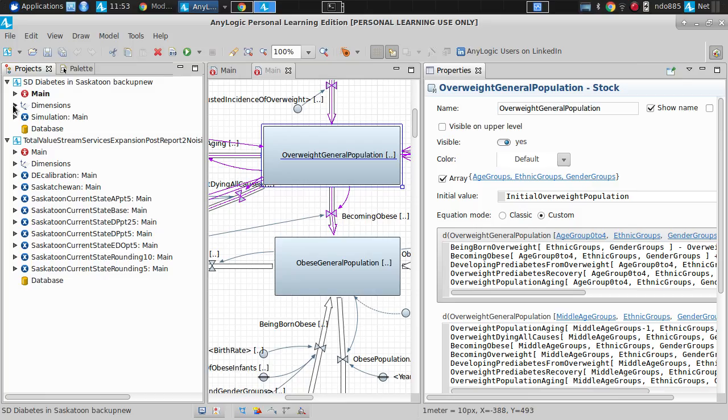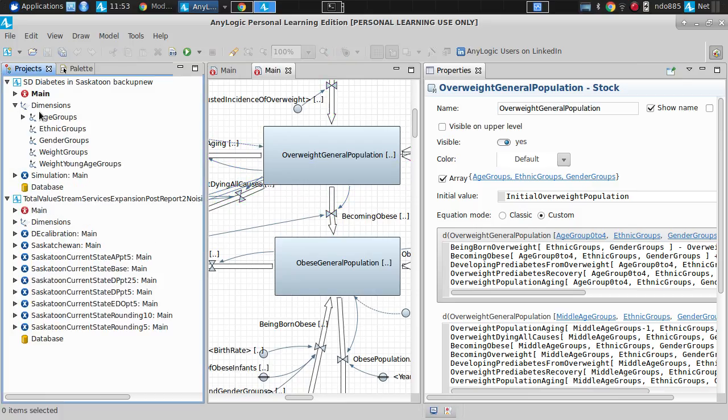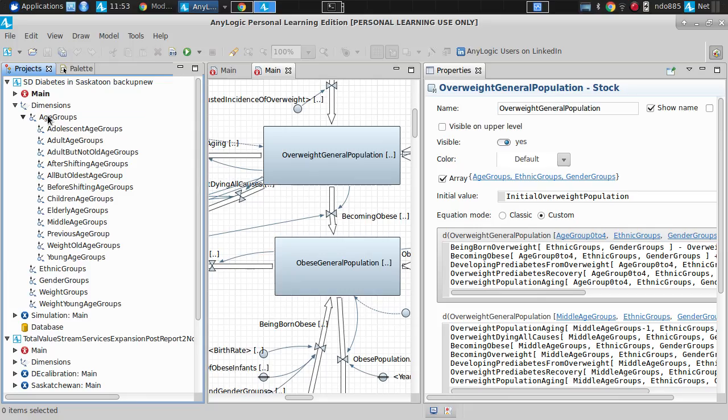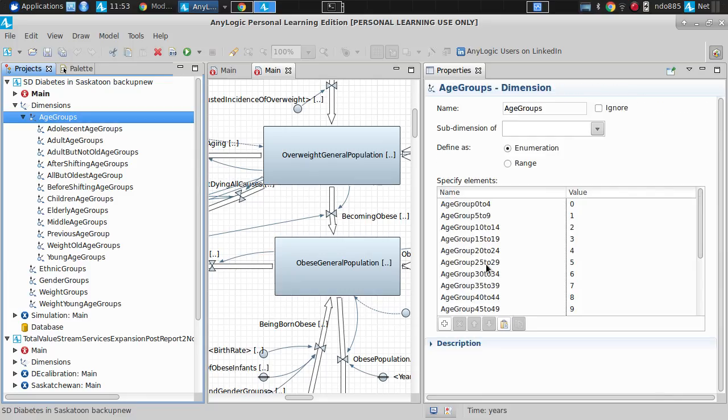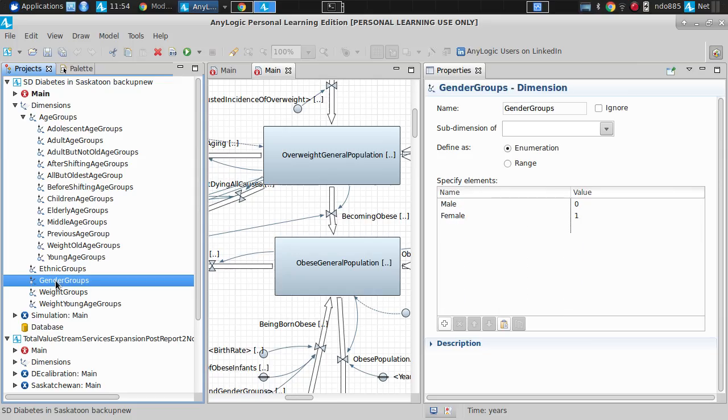And if we go over here to the left, we'll see that for age groups, ladies and gentlemen, we'll have 17 age groups. Basically, it's 5-year age categories and then 80 plus. We'll also have gender groups, male and female, ethnic groups, and in fact, weight groups.